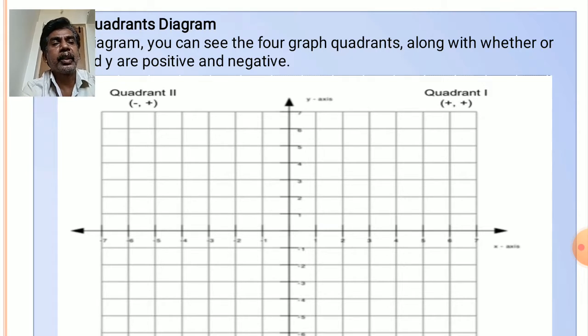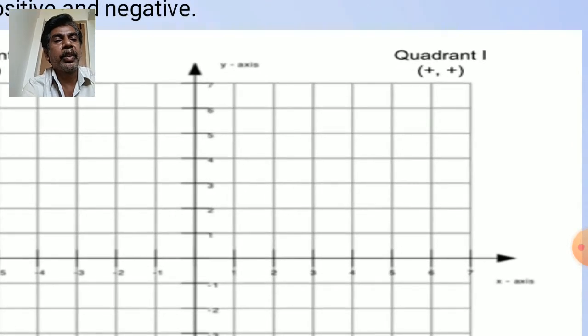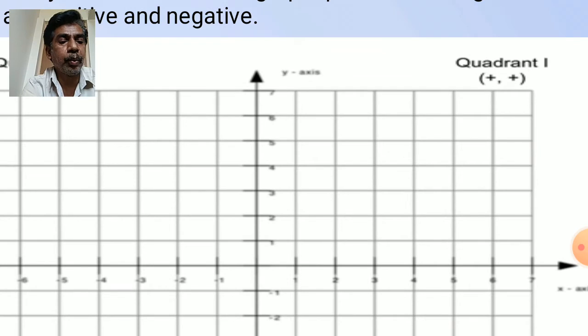Two lines are drawn, the x-axis and y-axis, horizontally and vertically. And here quadrant 1 is shown when two variables are positive.